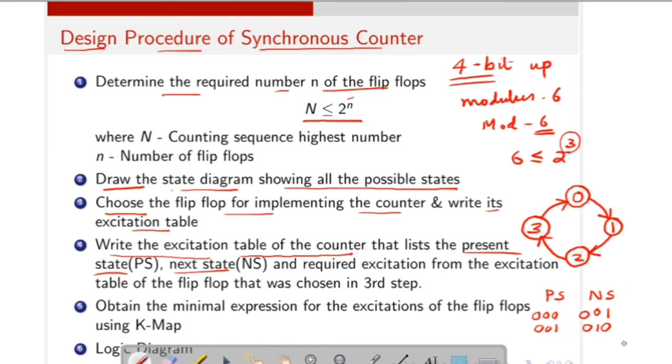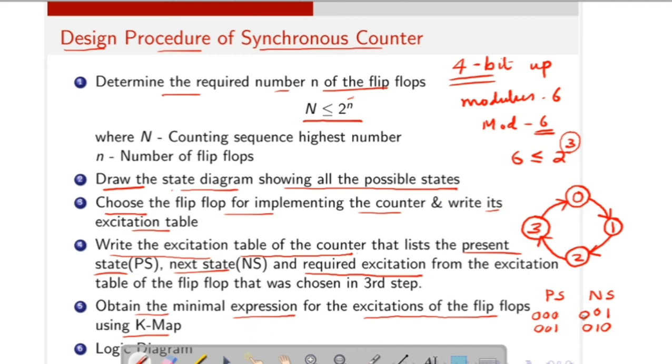Then the third column of this excitation table of the counter represents the required excitation. So the required excitation is obtained from the excitation table of the flip-flop. Okay, identify the present state and next state of each bit, then write the excitations. Then the next step is to obtain the minimal expression for the excitation of the flip-flops using a K-map.